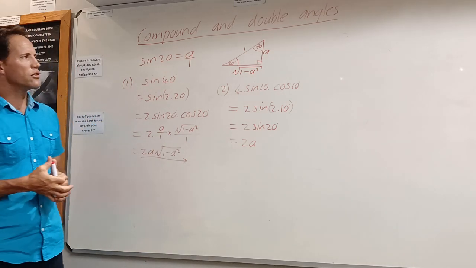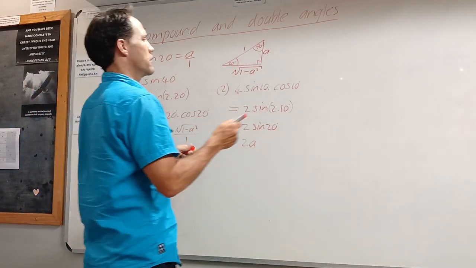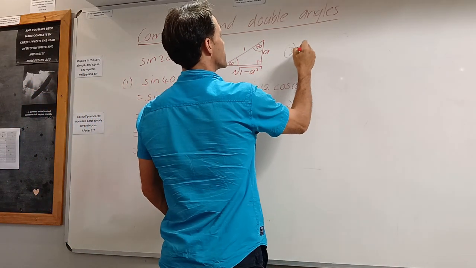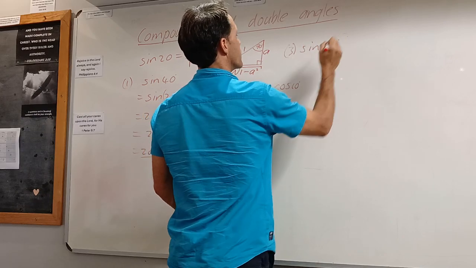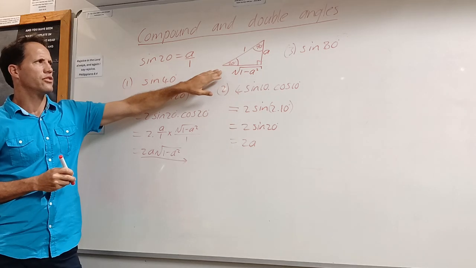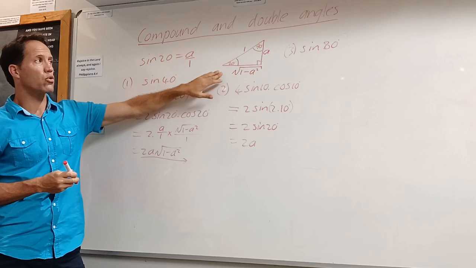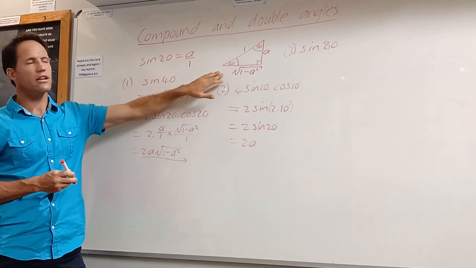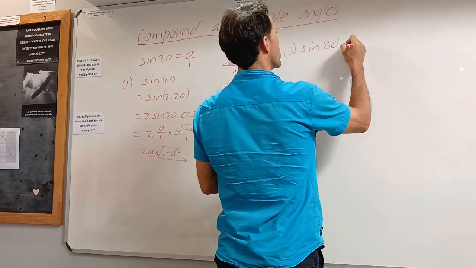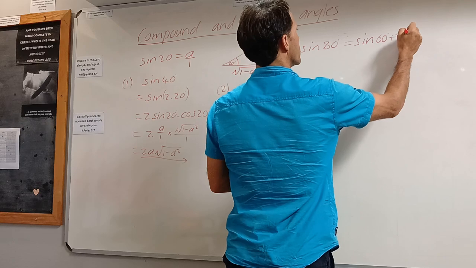Alright. So let's say one more. Let's make it sine 80, number 3. You can still use this triangle to get sine 80. I can try to do it without a calculator, so I can make it sine of 60 plus 20.